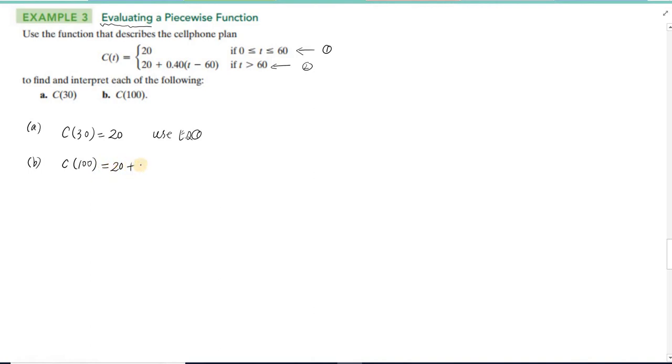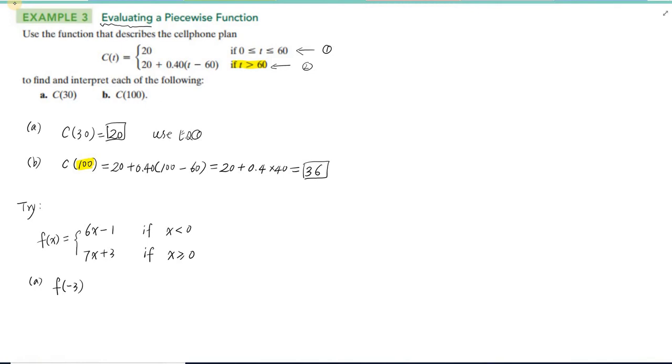That will be 20 plus 0.40 times t, which is 100 minus 60. Again, because 100 is greater than 60, that's why we're using this. Then we evaluate this, and the whole thing gives us 36. That's how you evaluate a piecewise function.